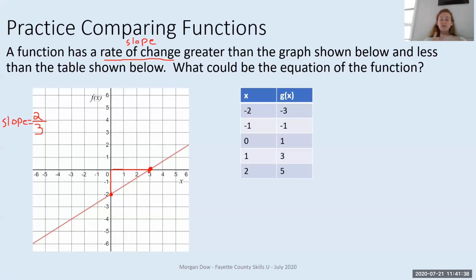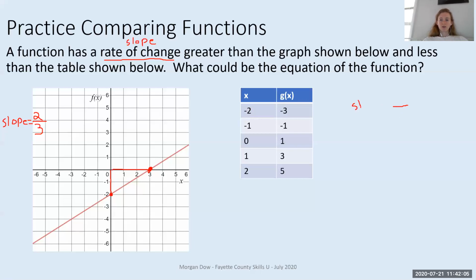Right, so 2/3, we've got this fractional slope here. So it's a little bit less than 1, right? 2/3 is a fraction, a little less than 1. Okay, so now let's take a look over here at the table. So again, we are trying to determine change in y compared to change in x up top here.